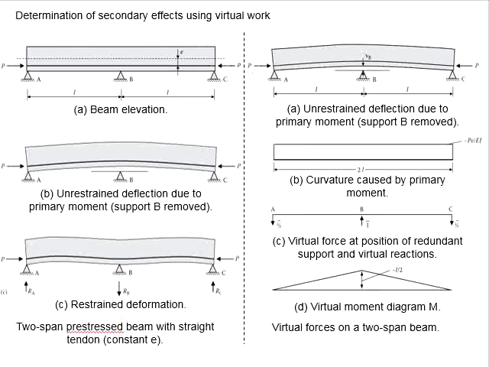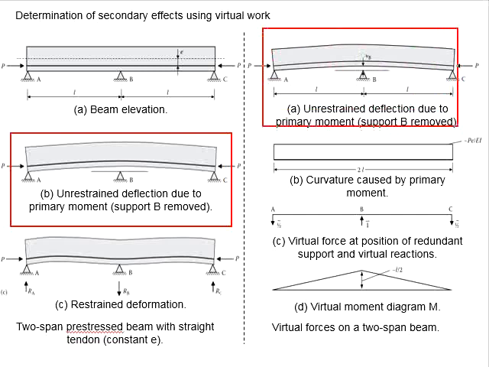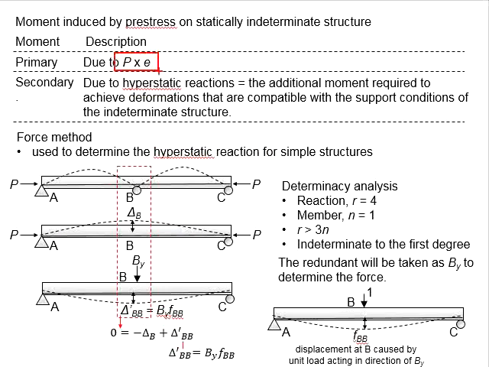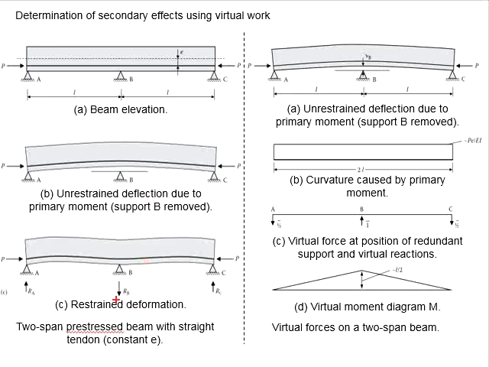Now, if we look into the response of the member in terms of the moment, let us look at this element. When you do not have any reaction at B here, this will be the primary moment along the span, which is due to the P and e. Then, because of the restraint reaction RB here, it will lead to a virtual force in this mechanism that gives you a virtual moment diagram here.